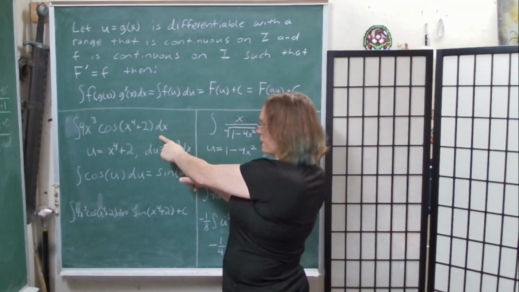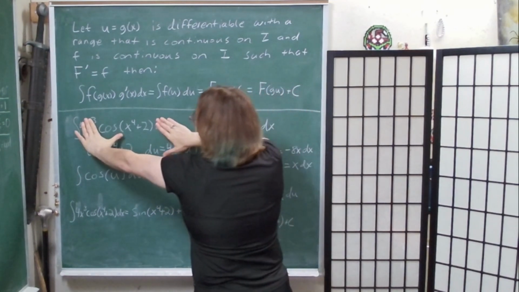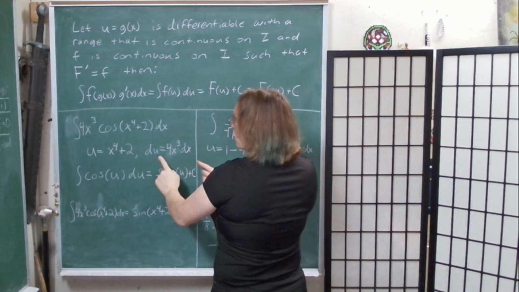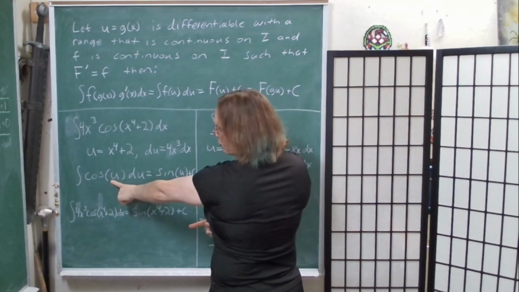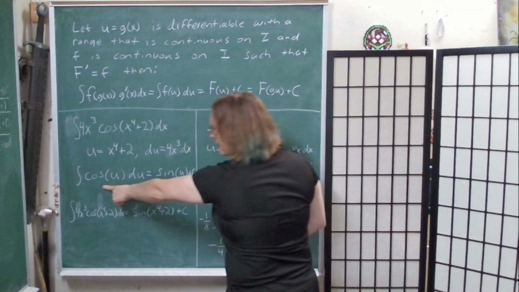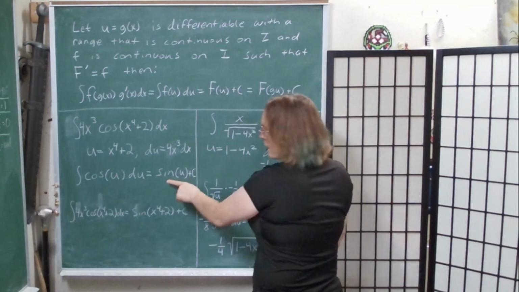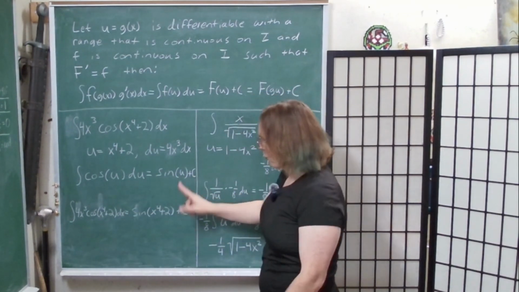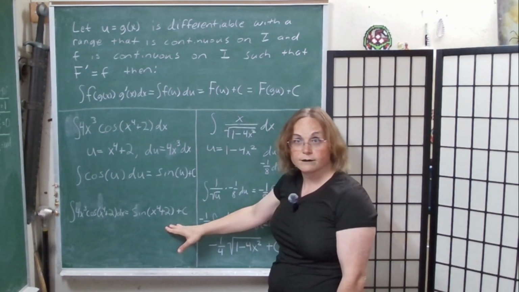Well, dx is here, 4x cubed is here, so this du will completely eat those up. When we do our replacement, x to the fourth plus 2 would go here for the u, and the du takes away those, leaving us with this really simple integral. So we integrate, we get sine u, and then we simply replace the u back with what u is, and boom, we have our answer.